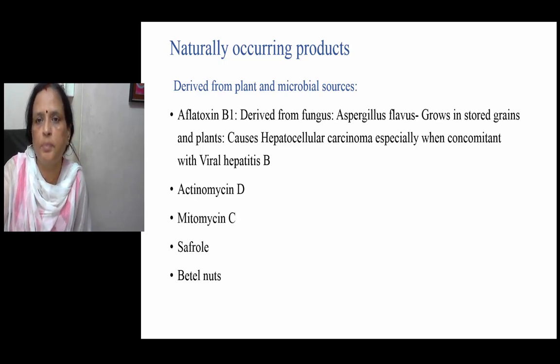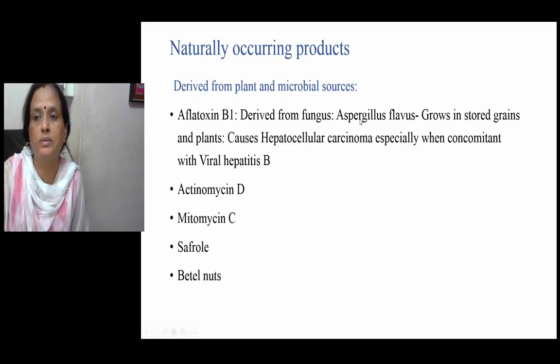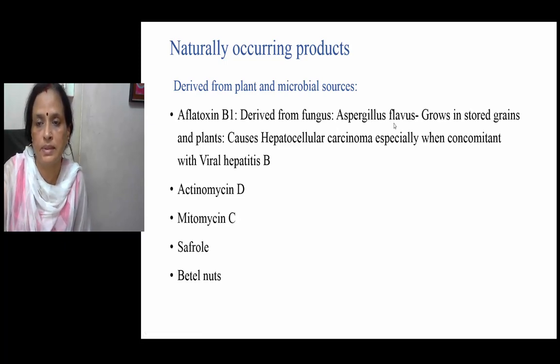So naturally occurring products, we discussed some of them. Aflatoxin. So please avoid eating such stuff. You may not eat, but if you see people eating such grains and all that with molds, please tell them not to eat and then replace that with a better one for them.